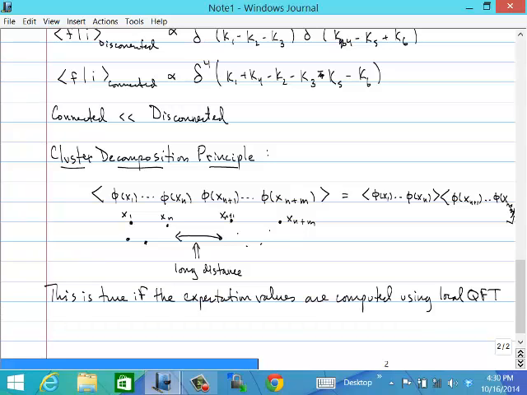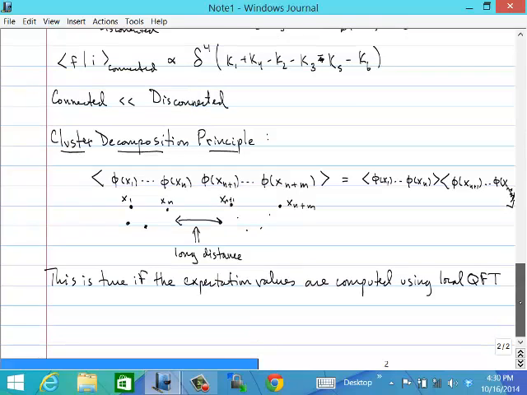Because, as you saw in one of your problem sets last week, all of the various propagators that go into calculating these contributions to these expectation values fall off like 1 over distance squared for massless particles, exponentially in distance for massive particles. In any case, they fall off sufficiently rapidly that this cluster decomposition principle is true.